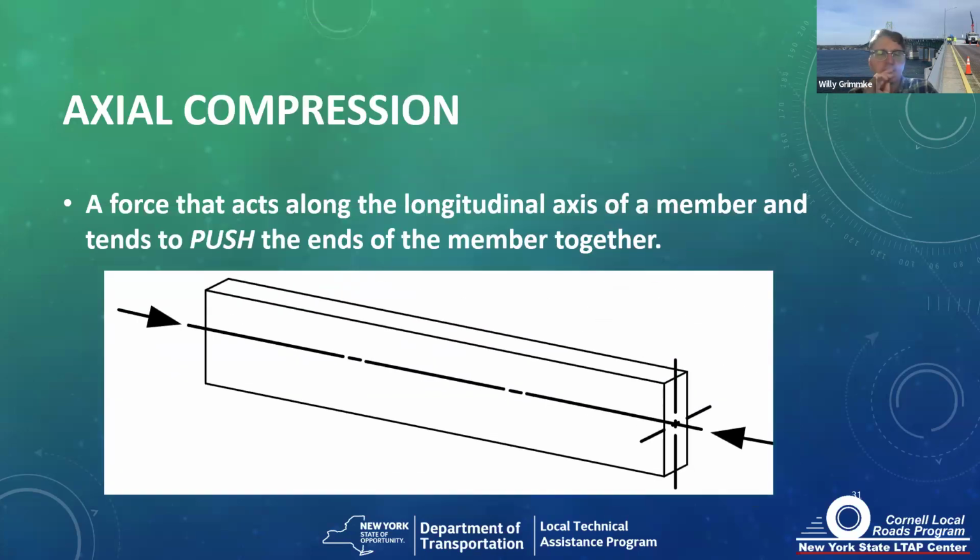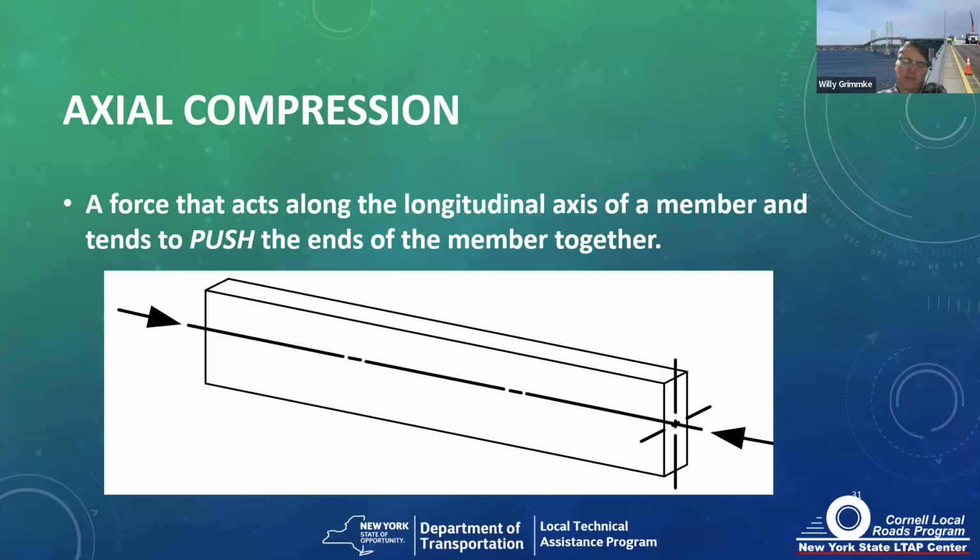Axial compression tends to push the ends together. If we think of something in axial compression failure, if anybody's ever stood on a soda can and crushed it, that would be axial compression.